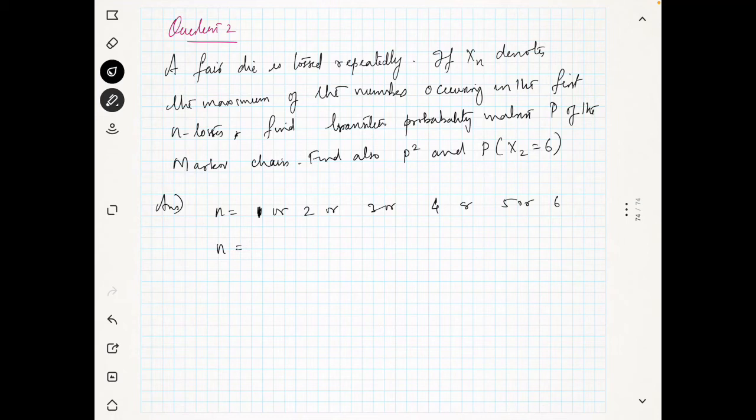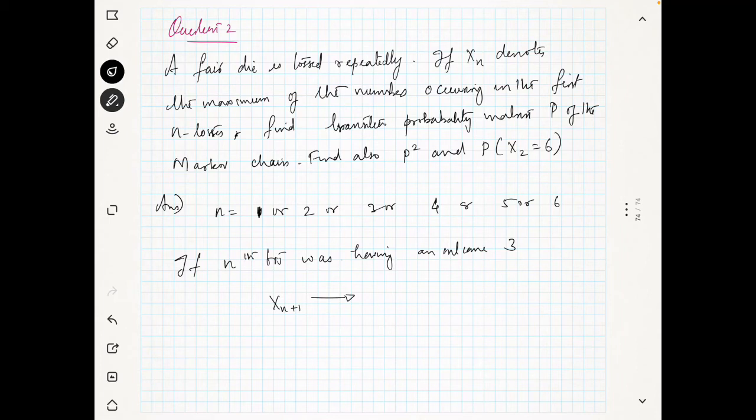So we can write the transition probability matrix. Suppose, for example, the nth toss was 3, having an outcome 3, then Xn plus 1 may be, you will not be taking into account this 1 or 2 or 3.